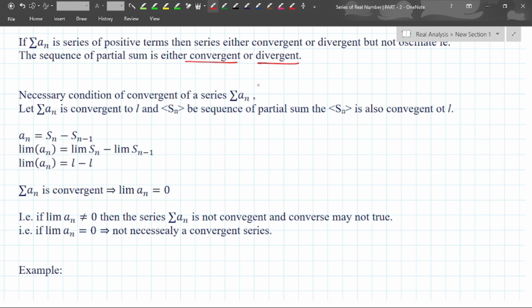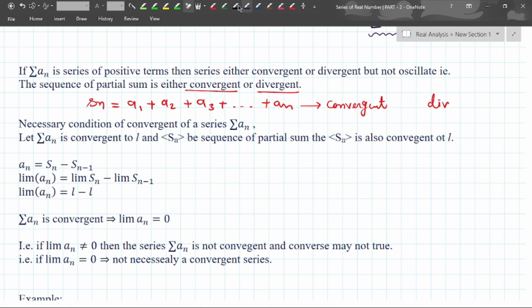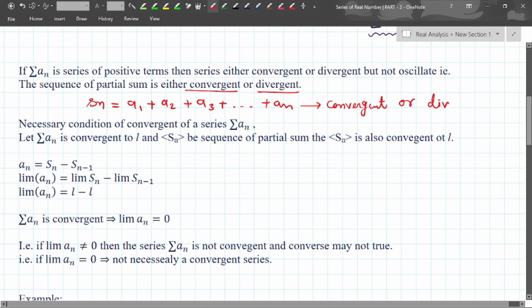Let's say we have Sn. What is the meaning of Sn? It means a1 plus a2 plus a3 up to an. It is the sum of the sequence, and it is either convergent or divergent.